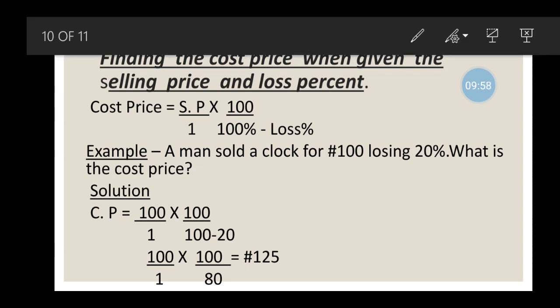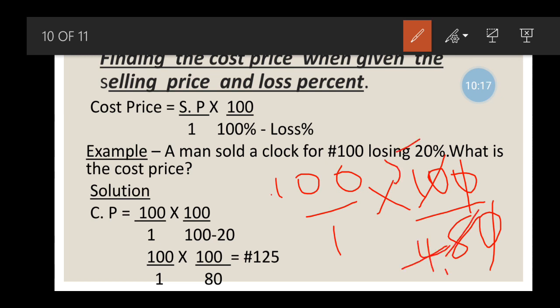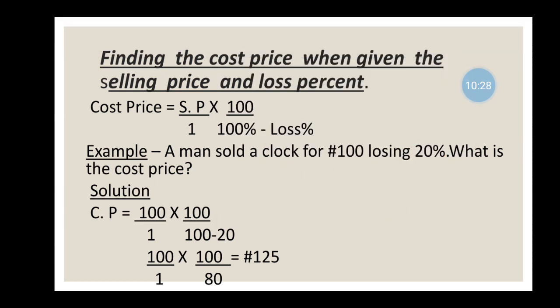So the calculation will now give us 100 over 1 times 100 over 80. So 0 we cancel 0. 2 into 20 is 5, 2 into 80 is 4, 4 into 20 is 1, 4 into 100 is 25. So 25 times 5 will give us 125 naira.